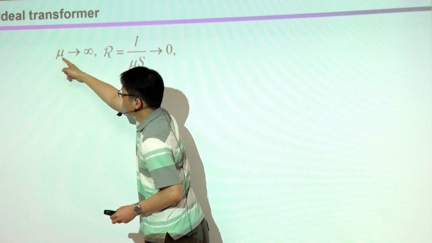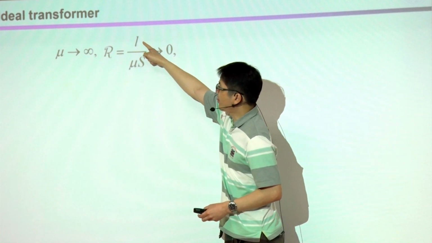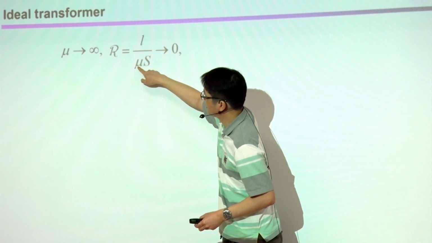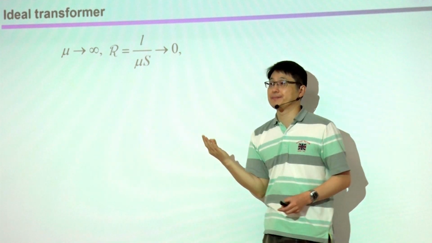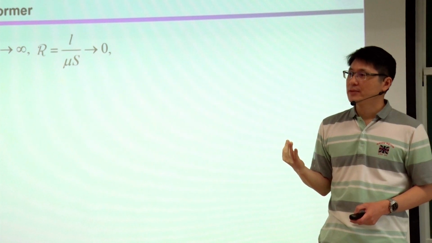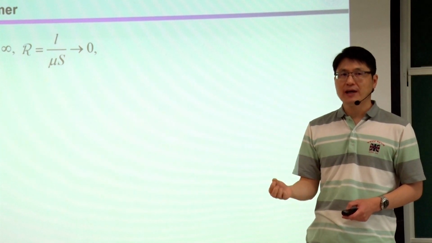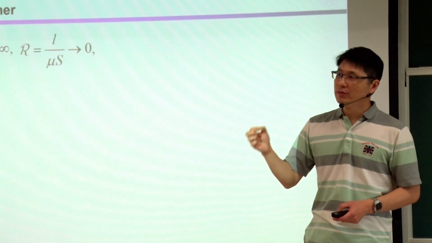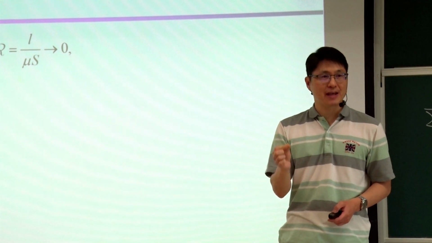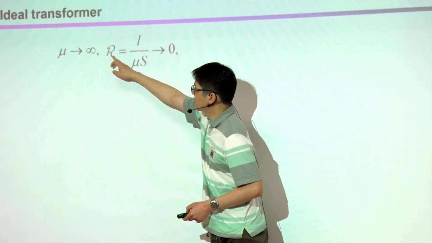We have a very good core material. If we have a very good core material, then the reluctance, the round trip length divided by the surface area and divided by mu, is approaching 0. Right? So a perfect or an ideal transformer relies on no leakage flux because we're using a very, very good magnetic core. So in that case, the reluctance is 0.